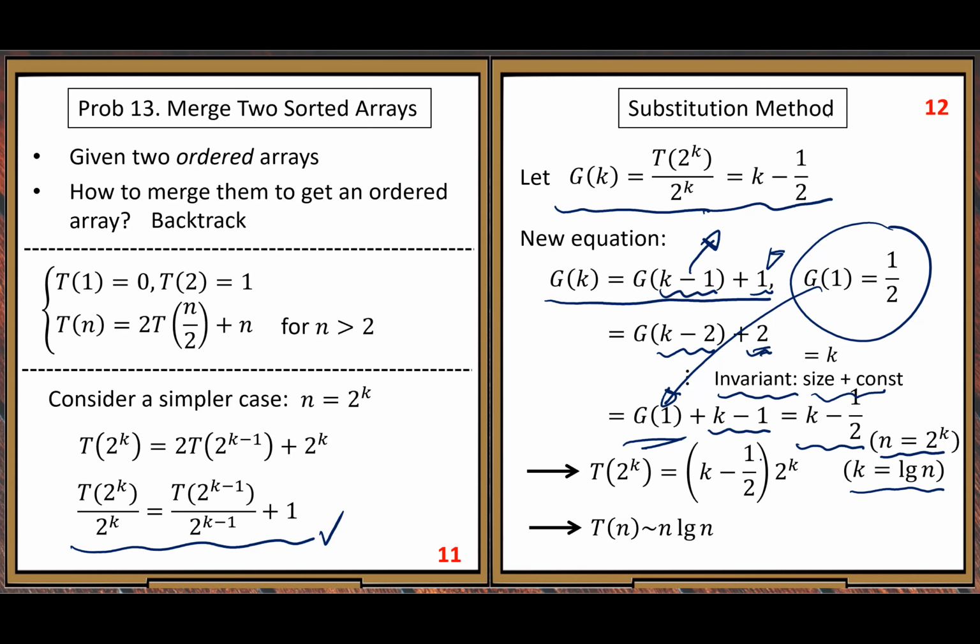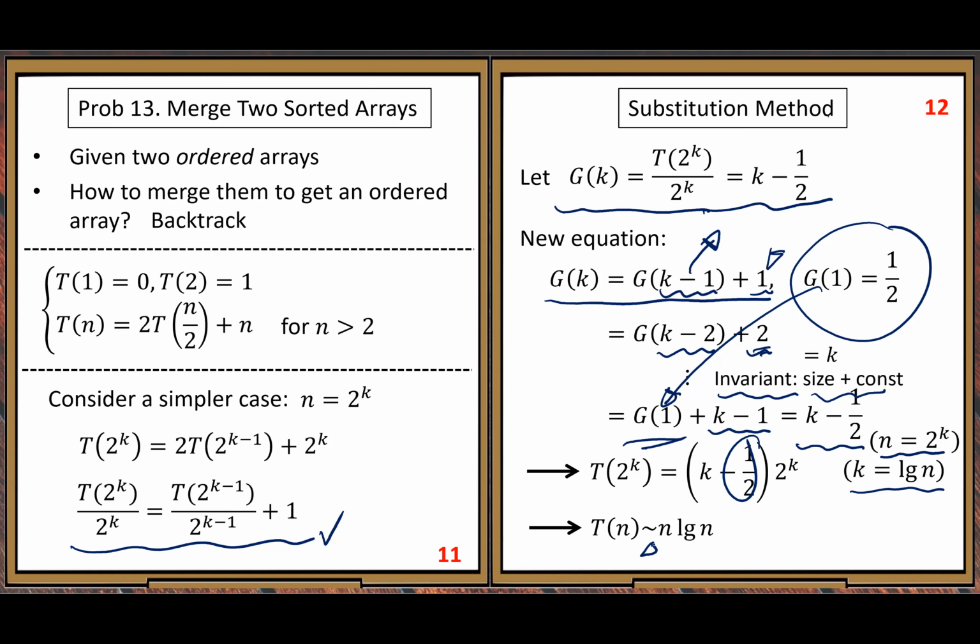Approximately, because we dropped that negative 1/2. It is a good approximation; we didn't drop too much, only 1/2 inside the parenthesis. So t of n is approximately n times log base 2 of n.